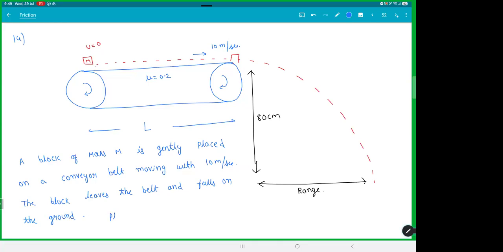Plot the range versus L. How does the range change with the length of this belt? What if I take a 1 meter belt? What if I take a 10 meter belt? What if I take a 100 meter belt? But the belt speed is 10 meters per second, that you cannot change. Let's give it a try and see how you will do this.